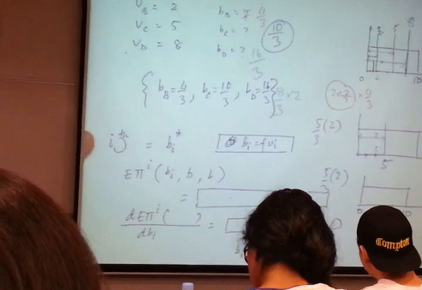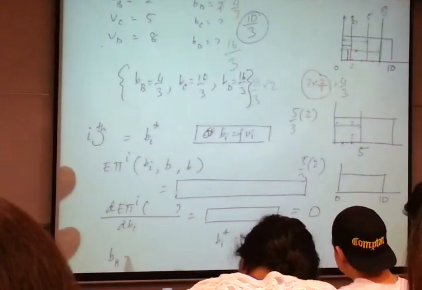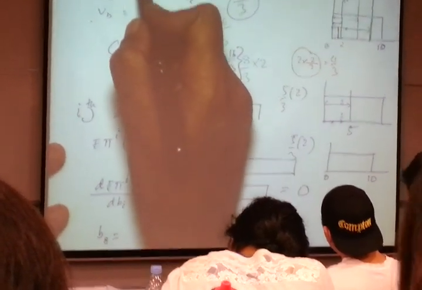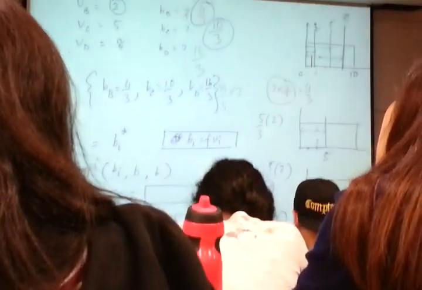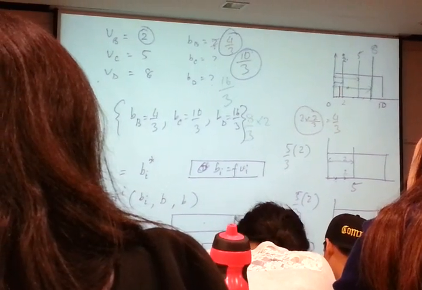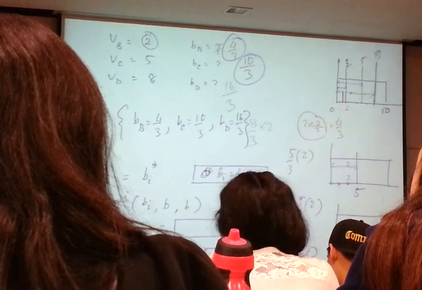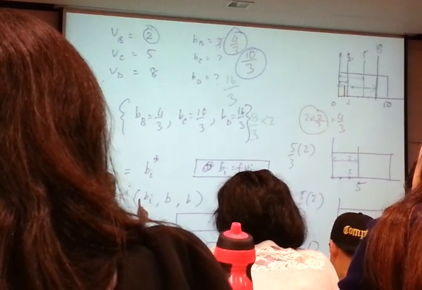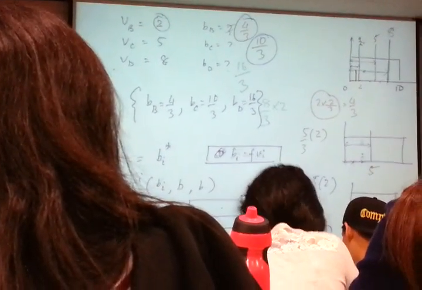Once you have found this function, to find Ben's optimal bid, that means BB, you just substitute Ben's valuation, which is 2, into your function. Whatever this function is, you put 2 in and get the result. And you will get the same result, I guarantee you, 4/3. Okay? Clear? So this can be done either via calculus or via assuming a bidder's valuation to be the highest and looking for the next highest valuation. Questions? Okay?